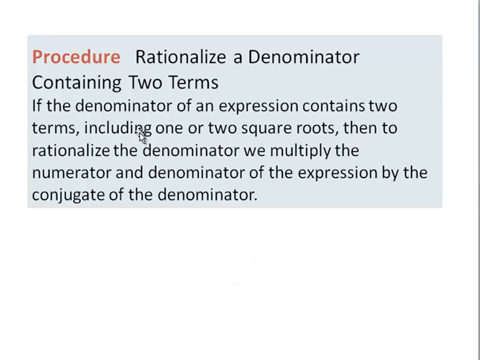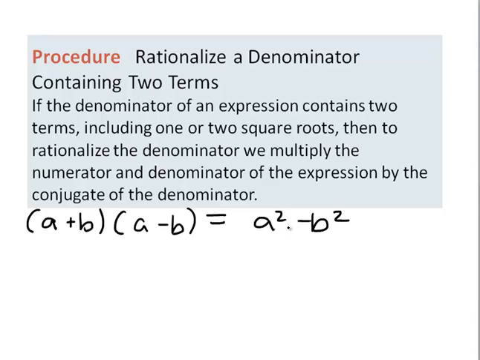And the reason this works, and this goes back to when we were factoring quadratics, is if I have a plus b times a minus b, I end up with a squared minus b squared. The middle stuff goes away.